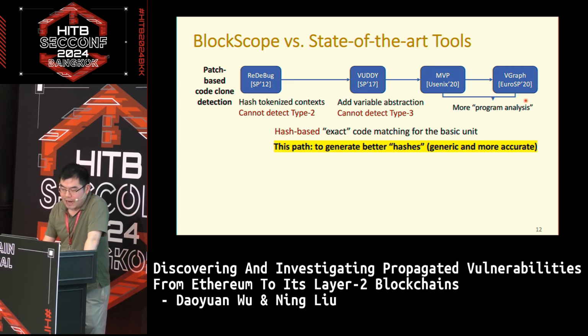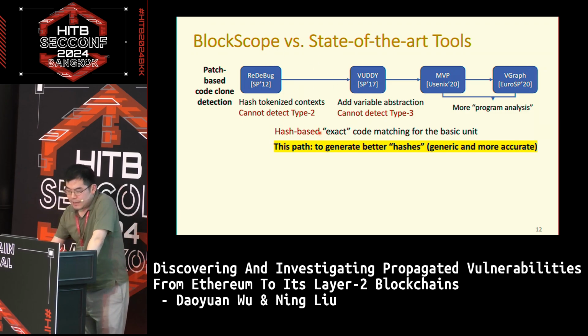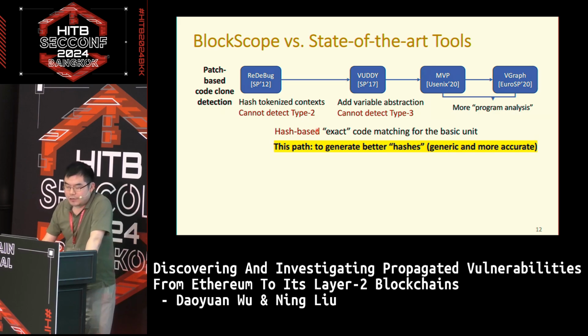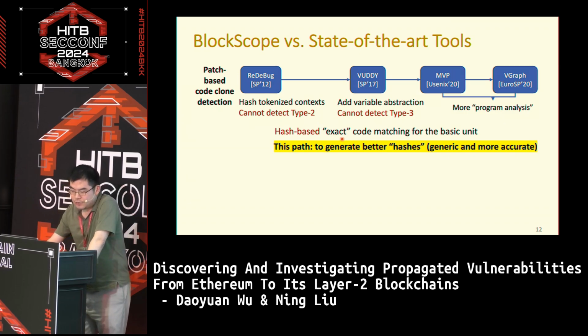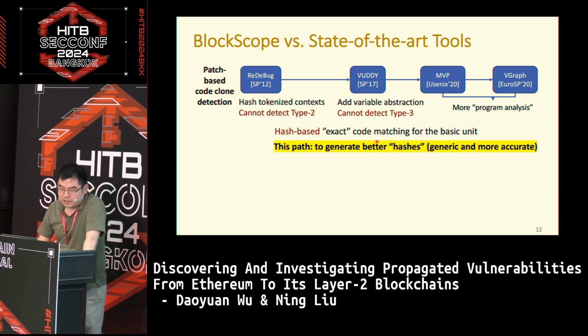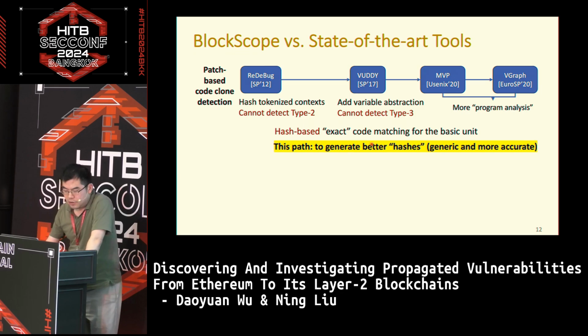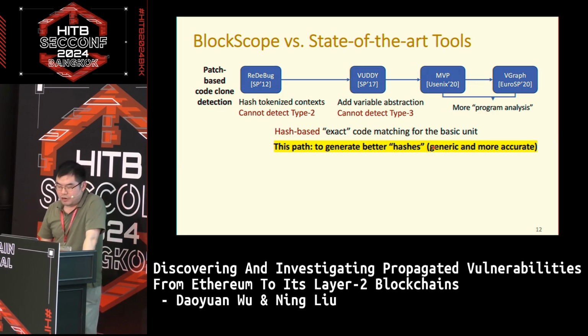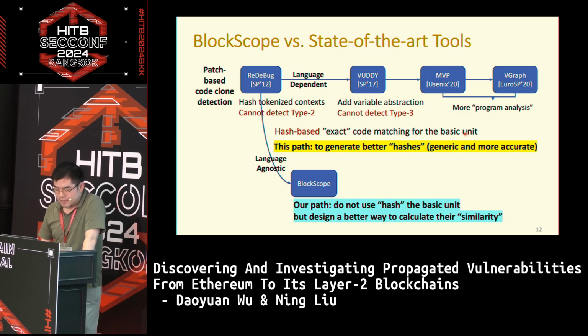So this is one path, and for this path, they all use hash-based code matching, because with hash-based matching you just need to calculate the similarity hash. Once this hash is generic and accurate, then you can search for similarly vulnerable code easily. So eventually their objective is to generate better hashes for the code matching of the basic units.